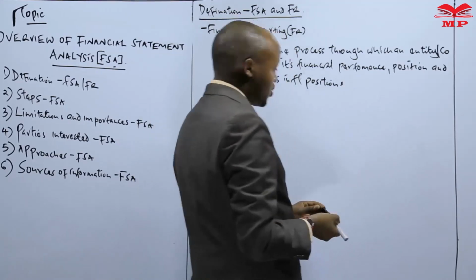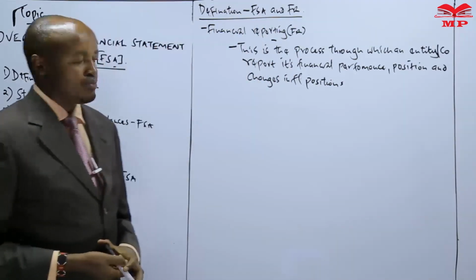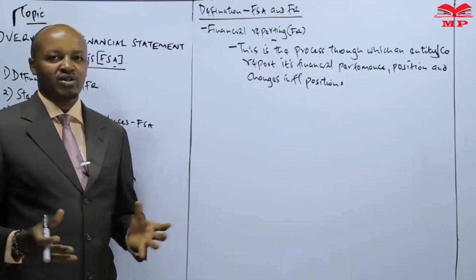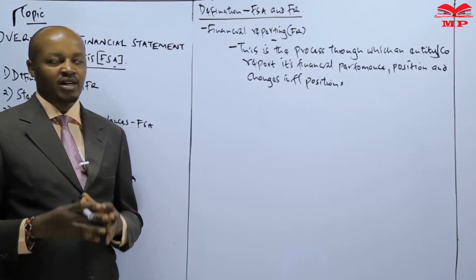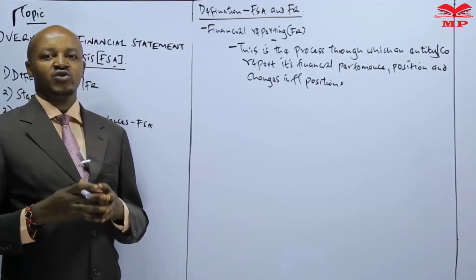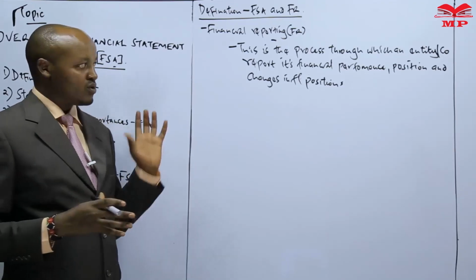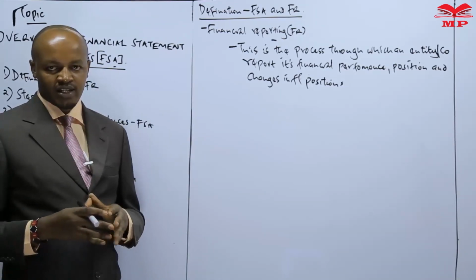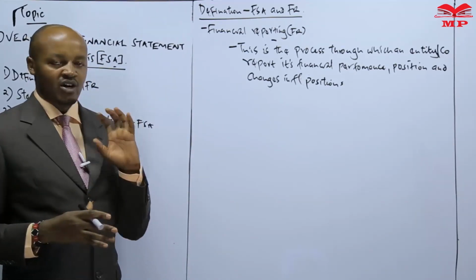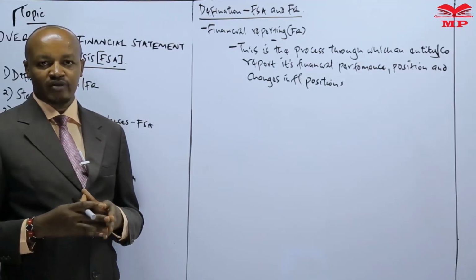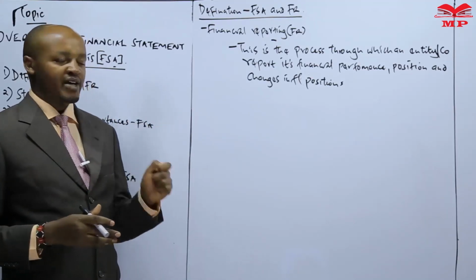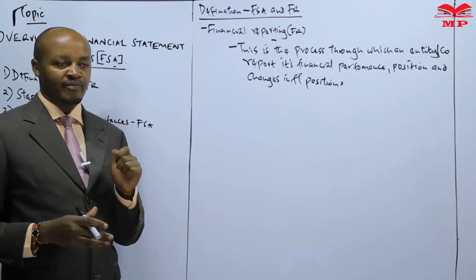And therefore, when we talk about financial reporting, this is that particular process through which a company will prepare the financial statement at the end of the year. Because what you need to note is that each and every company, according to the various provisions of the Companies Act, has to prepare financial statements at the end of the year.